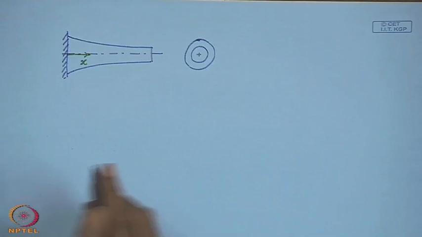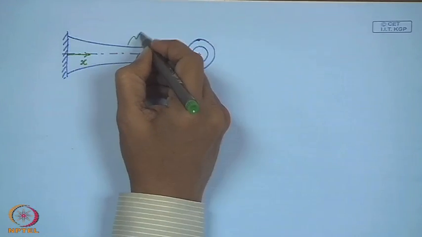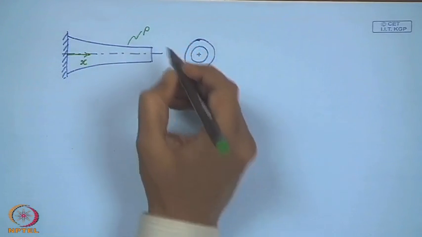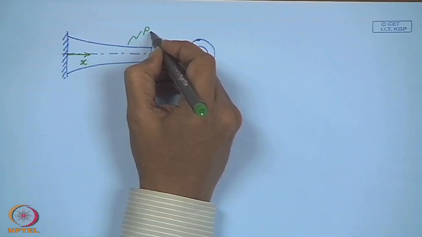Here I have a circular bar made of a material of density say rho.